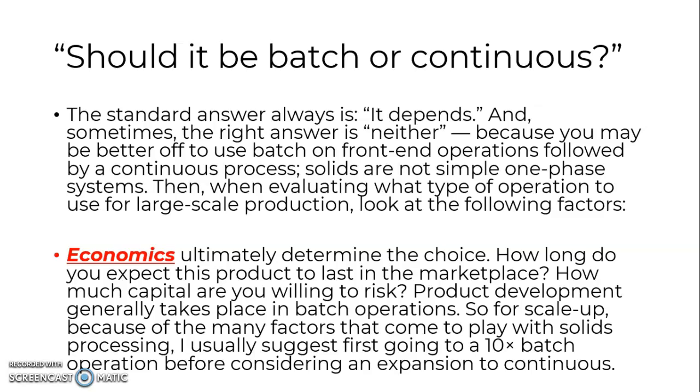If you have a huge amount of capital, then you can choose a continuous process. But if this is only under research and development, then I think batch process is a priority.